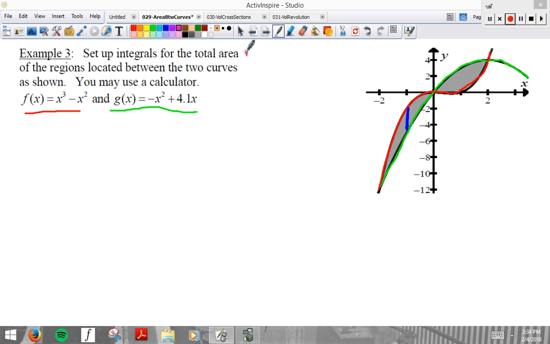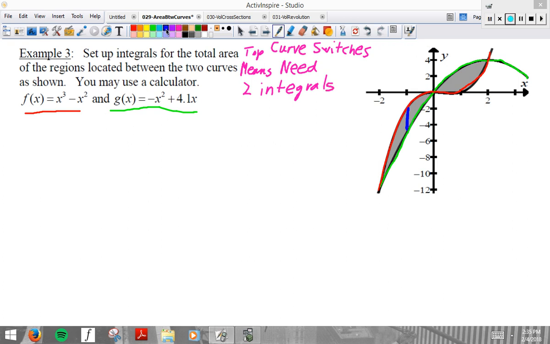So the top curve switches. Means we need two integrals. It could be more. If it switched more than once, we might need more than two integrals. But we will need two integrals for sure. I said integrats, which is really crazy.